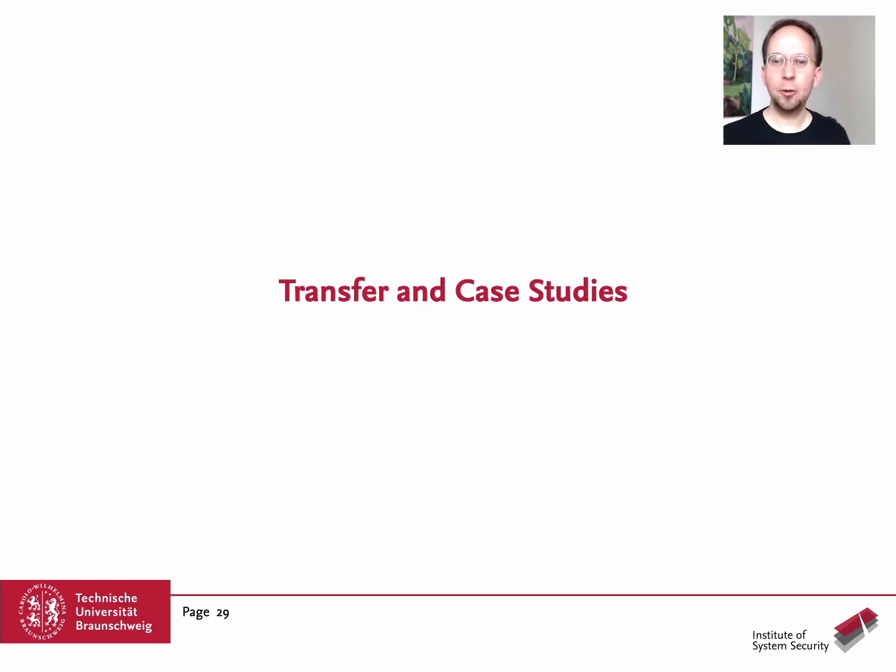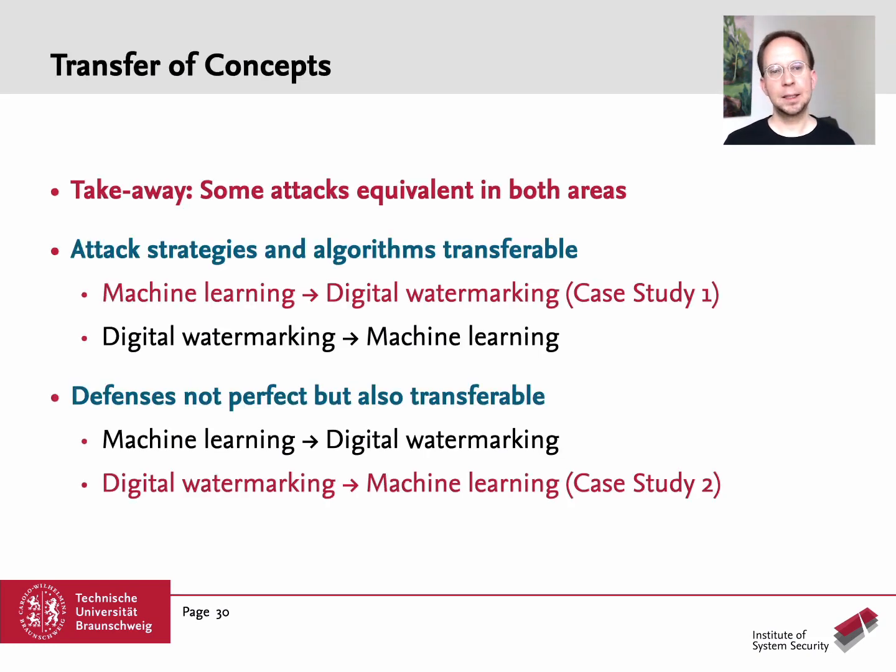And we now tried to bring the two things together and see whether we can have some case studies where we transfer attacks or defenses from watermarking to machine learning and the other way around. Let's look at these two case studies. One is taking an attack strategy from machine learning and applying it to digital watermarking.